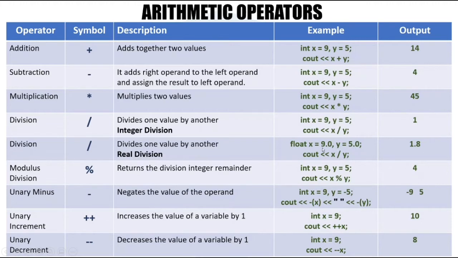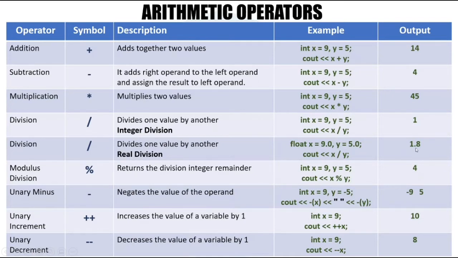But if one of the operands is float o yung tinatawag nating real number, the quotient is also float, o yung tinatawag nating exact quotient or real division. So again, kapag integer division, integer ang quotient mo, nawawala yung fractional part.